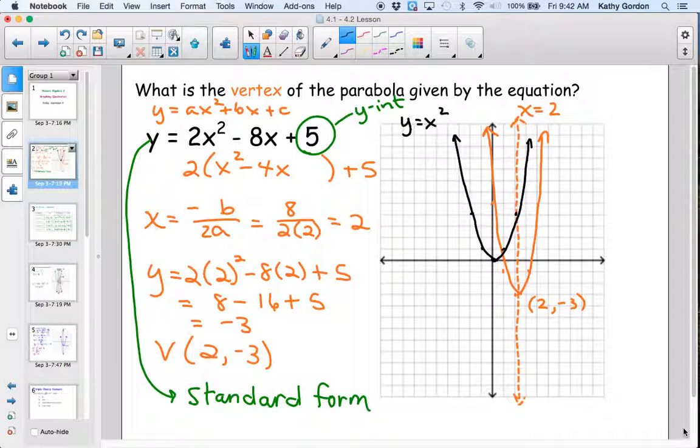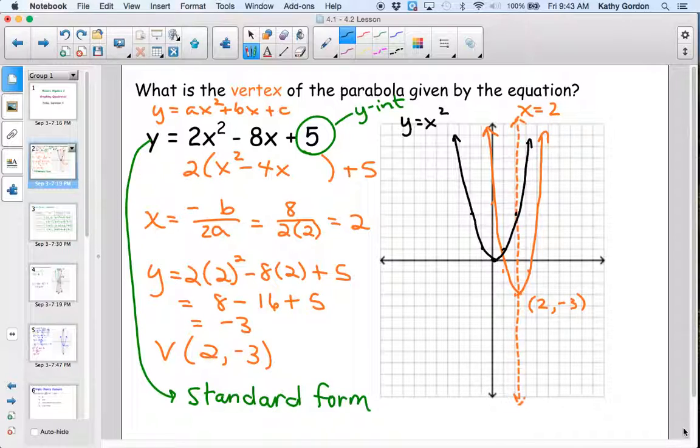And that's going to give me a narrower graph compared to the y equals x squared graph. Okay? So if this was when we were meant to compare, our answer would be our graph shifted 2 to the right, it shifted 3 down, and it is a narrower graph than y equals x squared. That would be your answer.